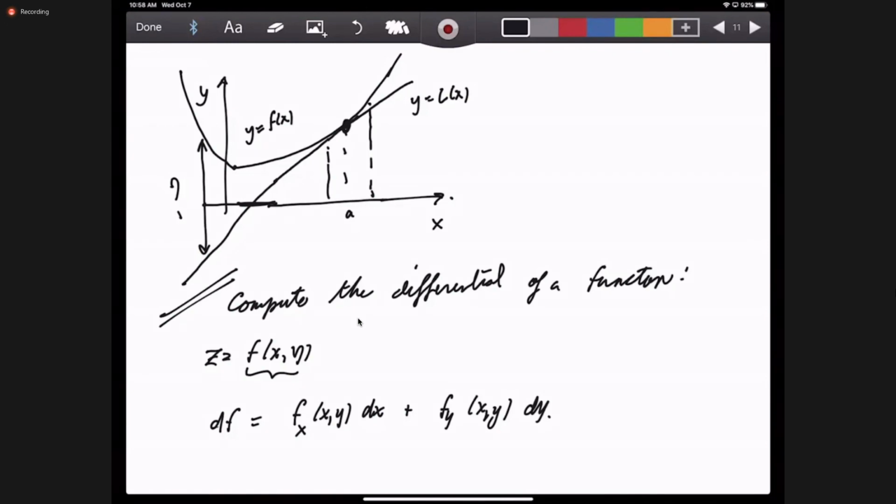All right, so that's how you put it together. If you can compute the partials that you need, you can fill into this formula and get the differential. If you have the differential, you can evaluate at a given value of x and y to get the linear approximation about that point.